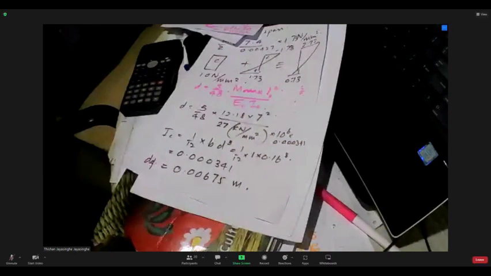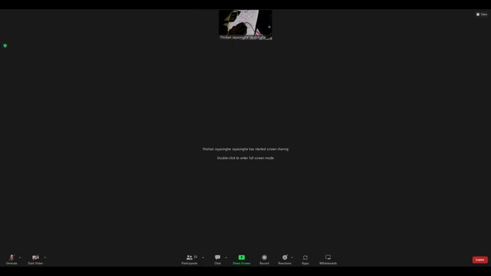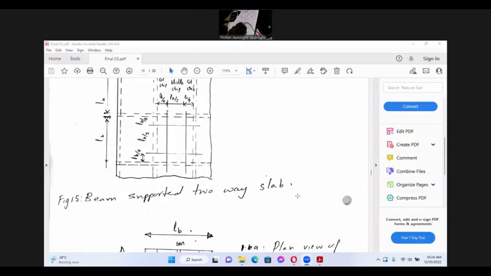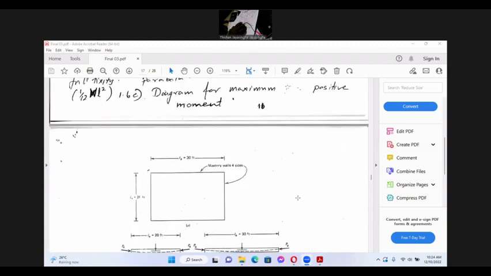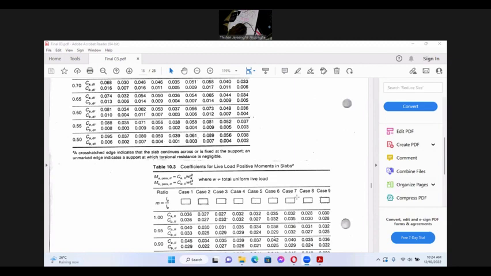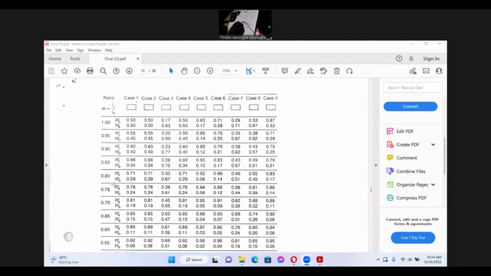So then you have to check the shear. To check shear, we have to find the shear force. For that, we can make use of the coefficients given in the last table. Here you can see between 0.77, you can find the shear coefficient.